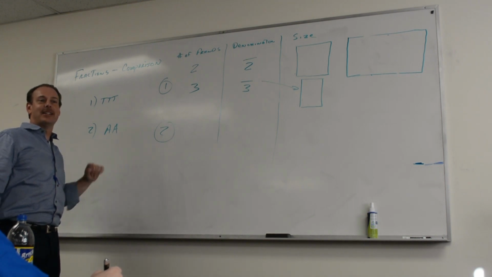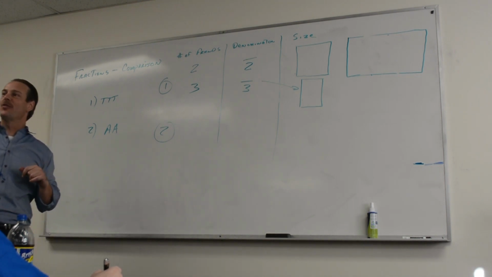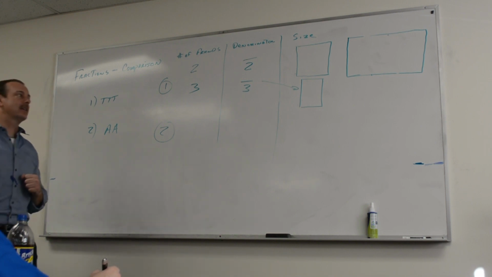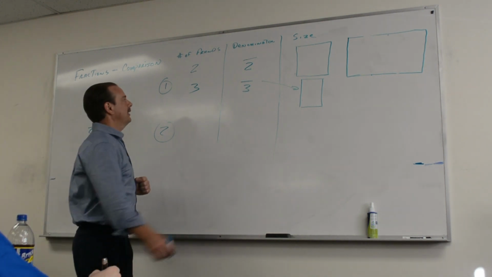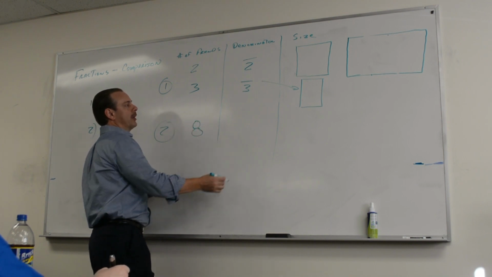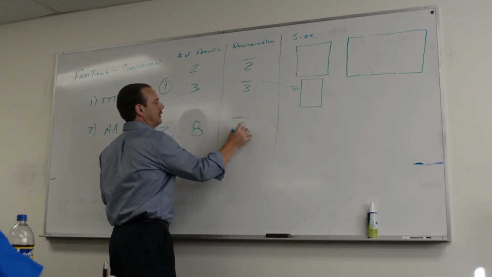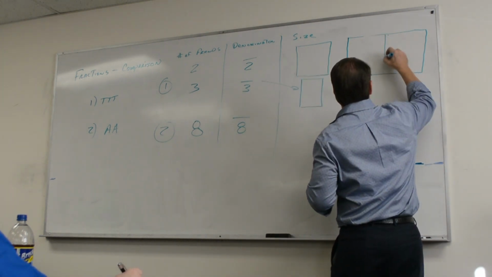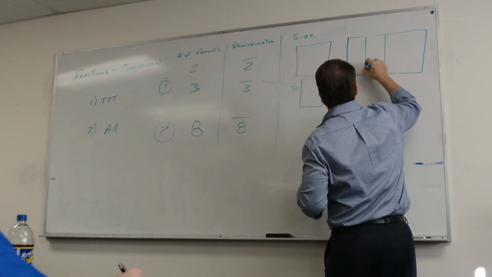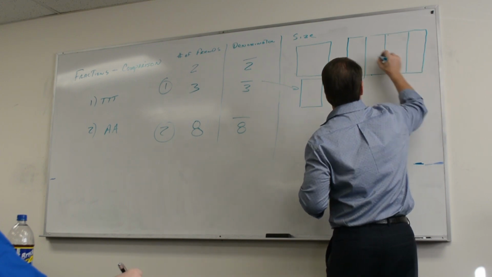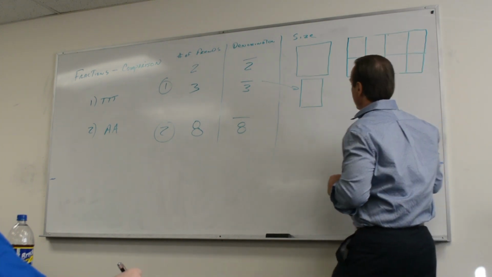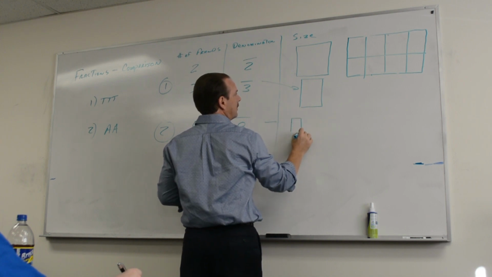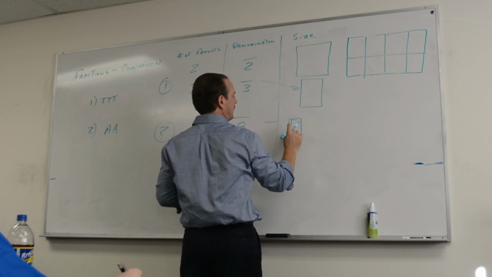So what anorexic Ann does, she calls over 7 of her friends. Okay. How many people are eating on the cake now? 8. And what are we going to put in our denominator? 8. And the size is now going to be approximately like that, right?